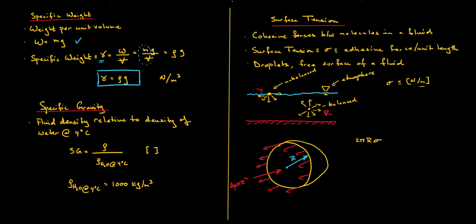So the surface tension force must be balanced by the pressure differential between the inside and the outside of the droplet. So what this means is that the surface tension force, given by this, must be balanced by the internal and the external pressure.